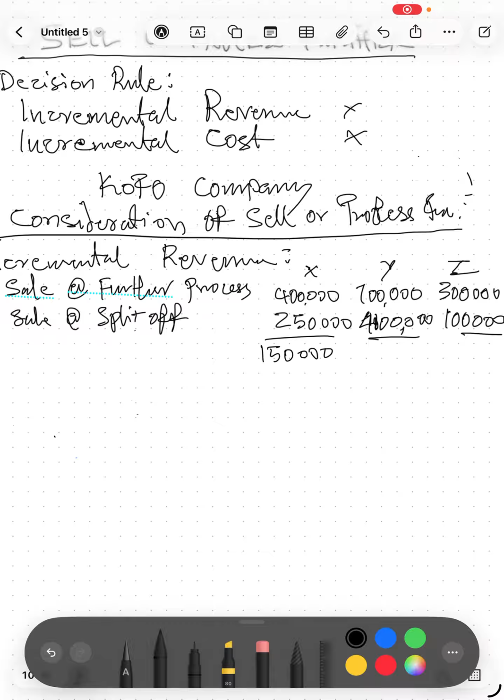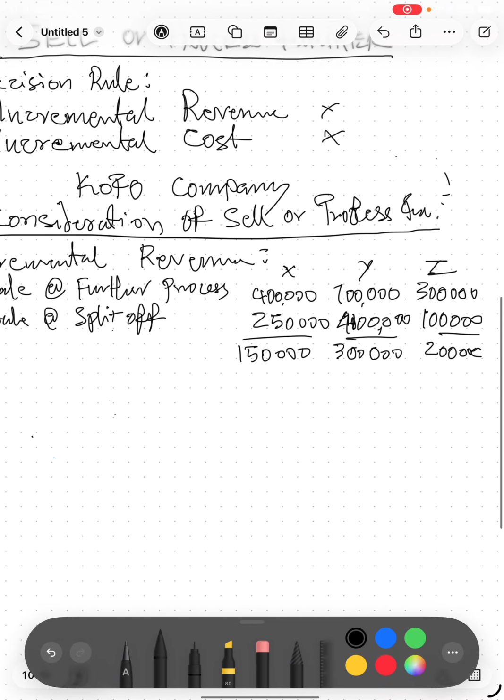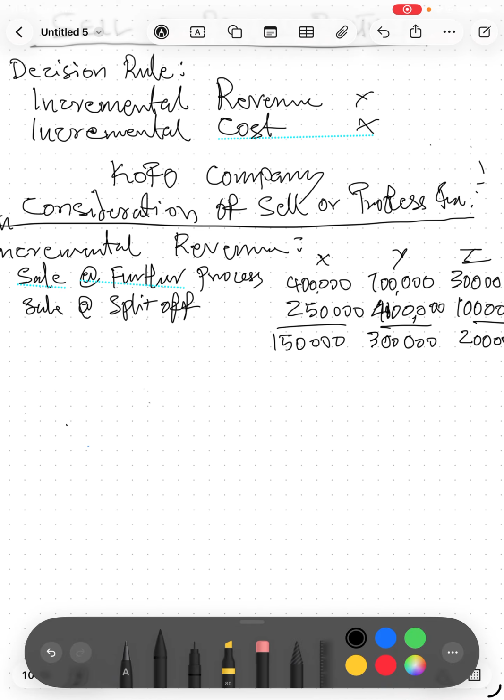So the differences are 150, 300,000, 200. So this is your incremental revenue.